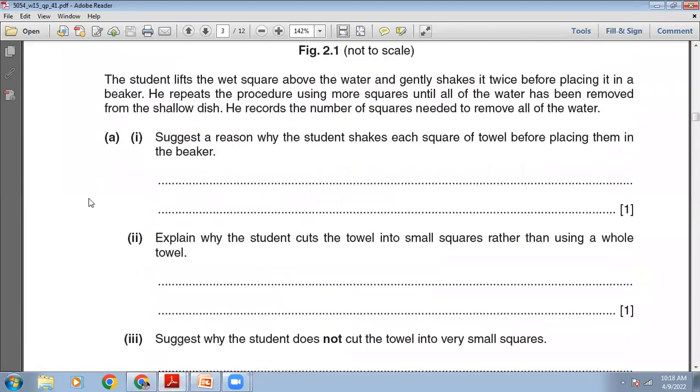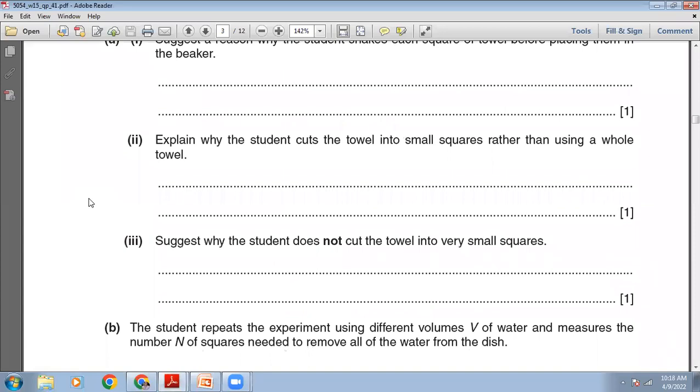So this next part is the second part of the A part. Explain why the student cuts the towel into small squares rather than using a whole towel. You see, if you use a whole towel, you will not be able to quantify how much towel has been used to completely dry 30 centimeter cube of water from the dish.